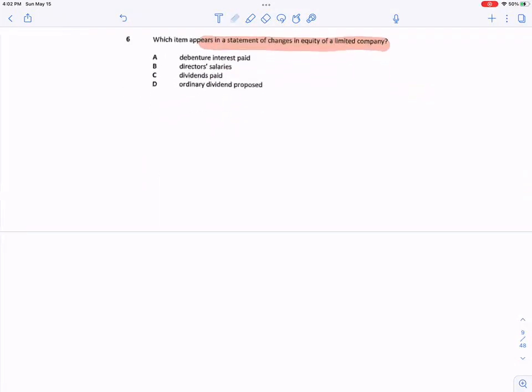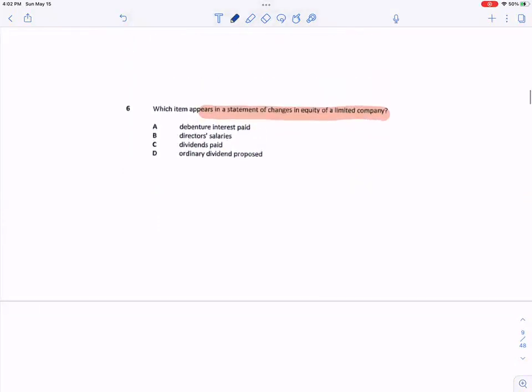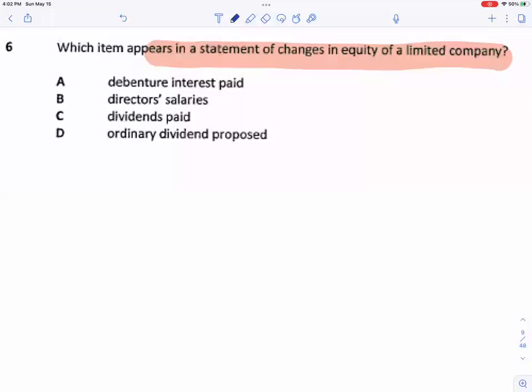Come on. First was profit for the year, then transfer to reserves, then dividend paid. Even interim dividend was paid, even final dividend was paid, right? So what item comes in the statement of changes in equity?